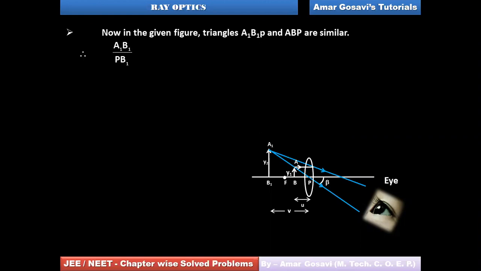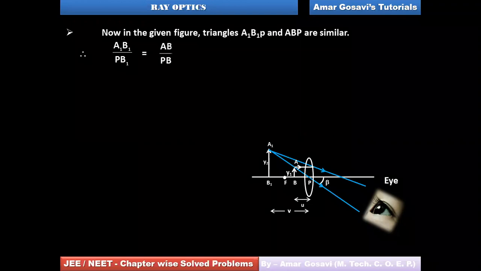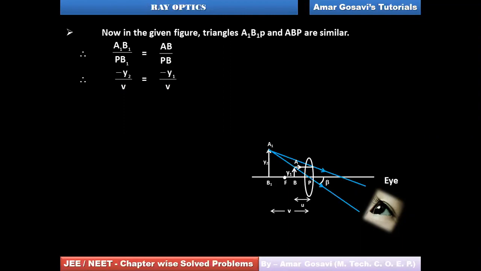Using similarity, can I say A1 B1 upon PB1 would be equal to AB upon PB? Now A1 B1 is, sorry, minus y2 by v, whereas AB by PB can be written as minus y1 by u. It should be u, shouldn't be v. It's wrongly mentioned over here as v. Ideally, this distance should be u in this case. So just correct this. This particular term is u.